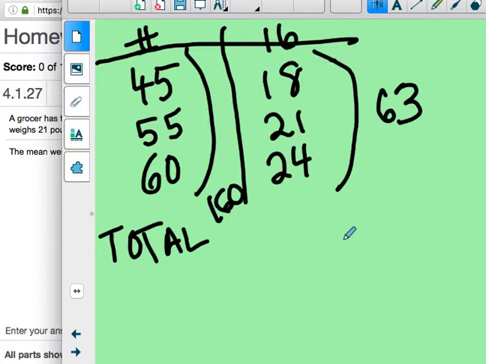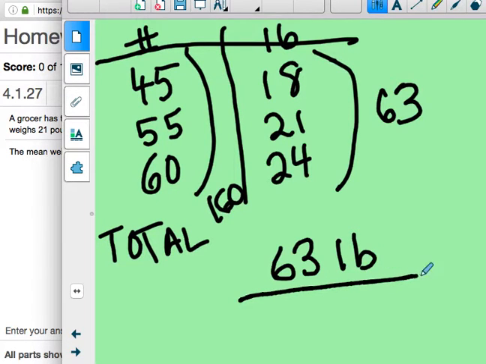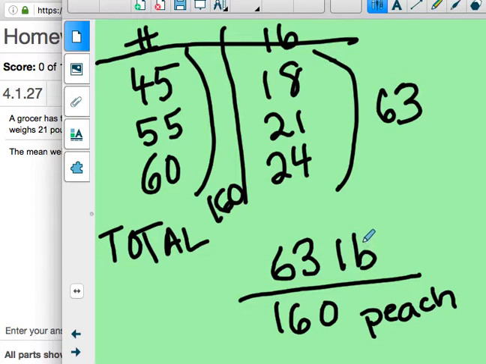In other words, if you want to know the pounds per peach, you're going to take the total number of pounds and divide that by the total number of peaches. And that's going to give you the pounds per peach. I think it would be really easy to divide the wrong way there.